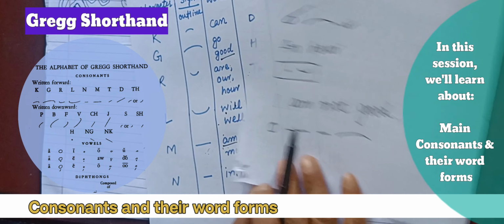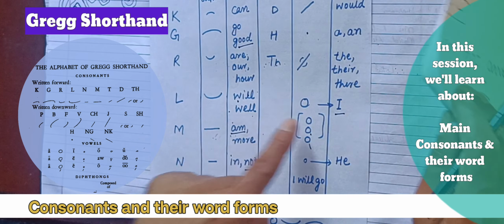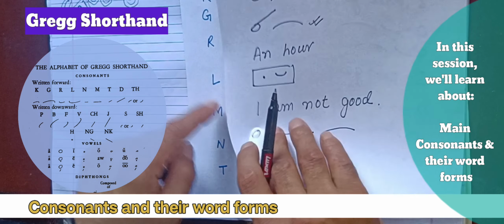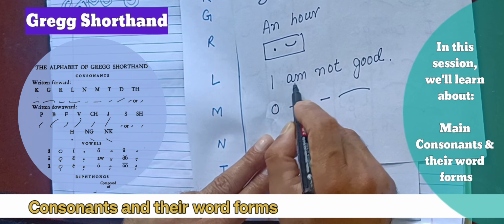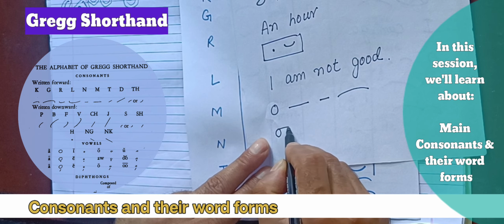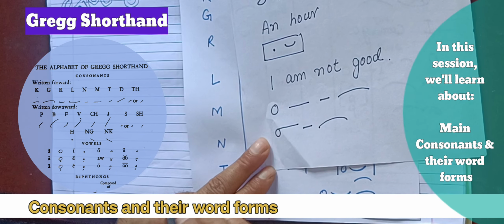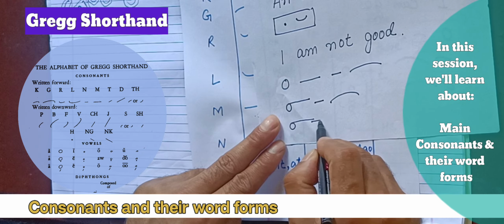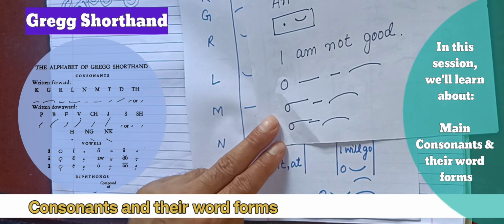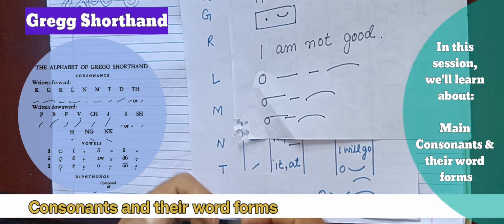You can pause the video and check these out to see if we are going in the right direction. For I am, I can join them together. This becomes like this. I am, not is like this, and then we have good. We can also do it like this. I am not good. So in the same way we can form different words and small sentences.